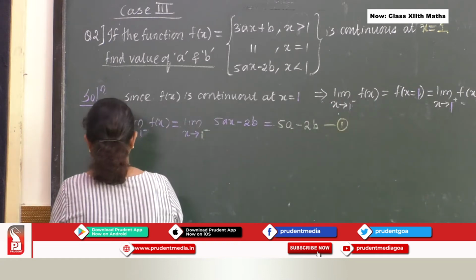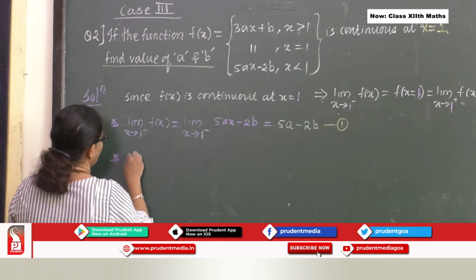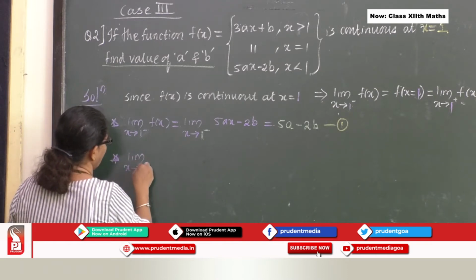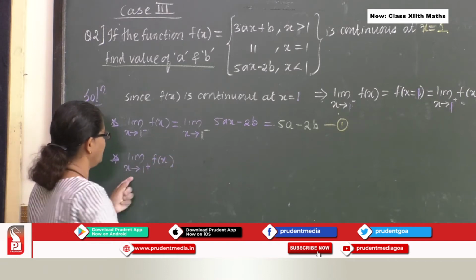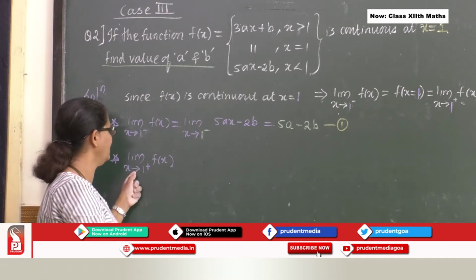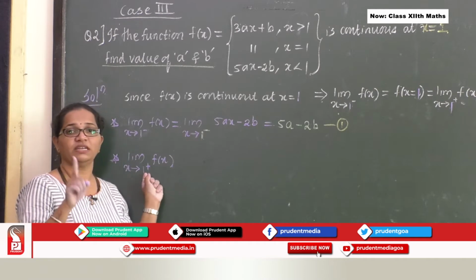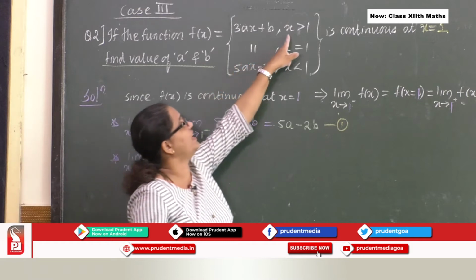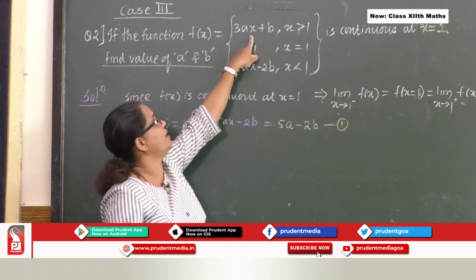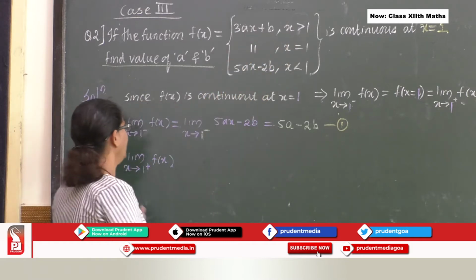Let's proceed further with the second one. The second one is limit x tends to 1 plus f of x. So I am talking about my right hand limit. Here what values do I consider? I consider all values which are greater than 1. So I am talking about this definition.